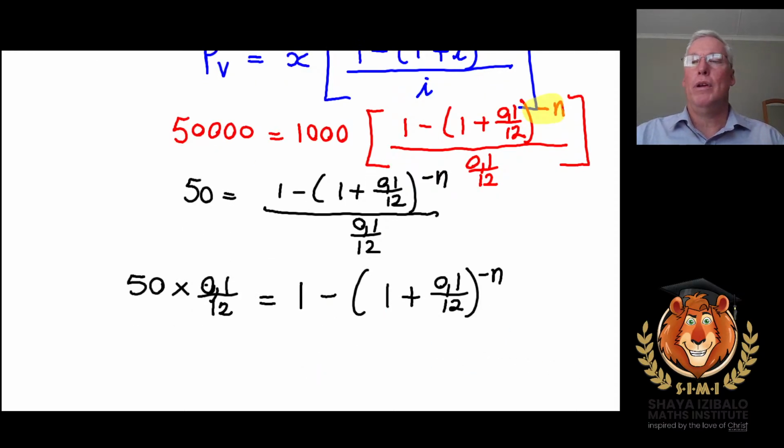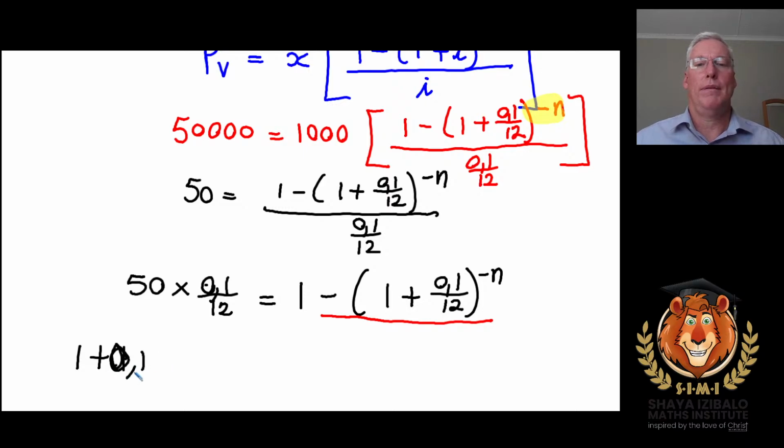Now I'm going to add this to both sides, so it will be a positive thing on the left-hand side. In other words, it'll be 1 plus 0.1 over 12 to the minus n.